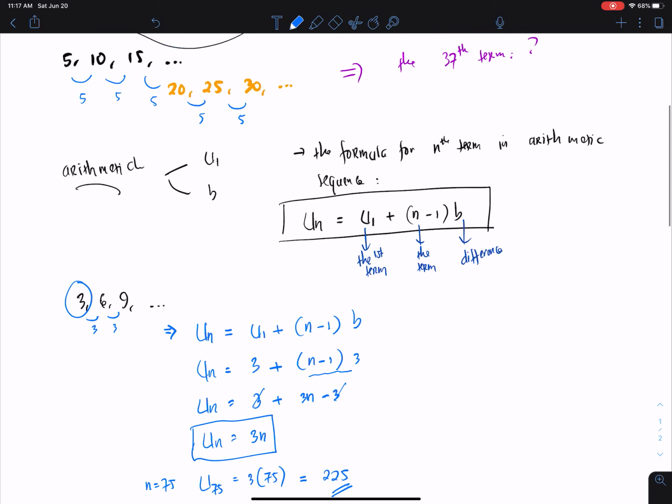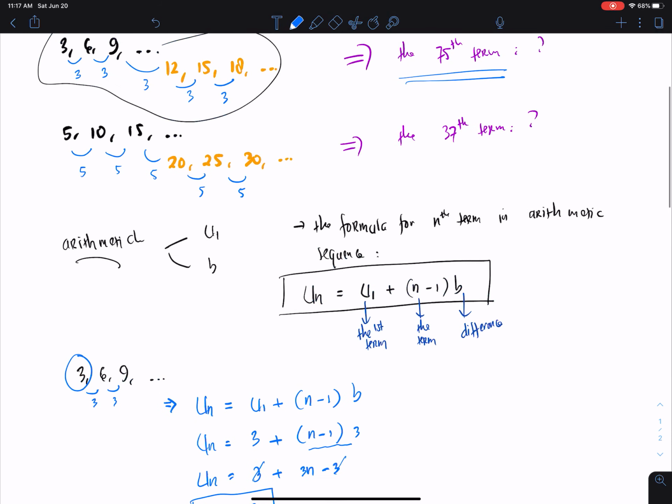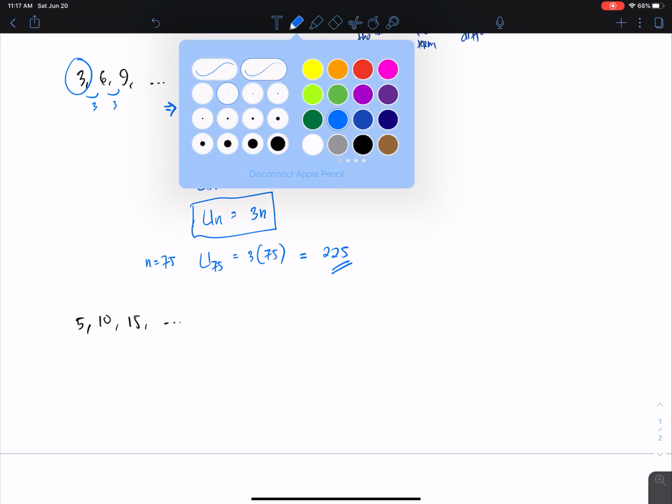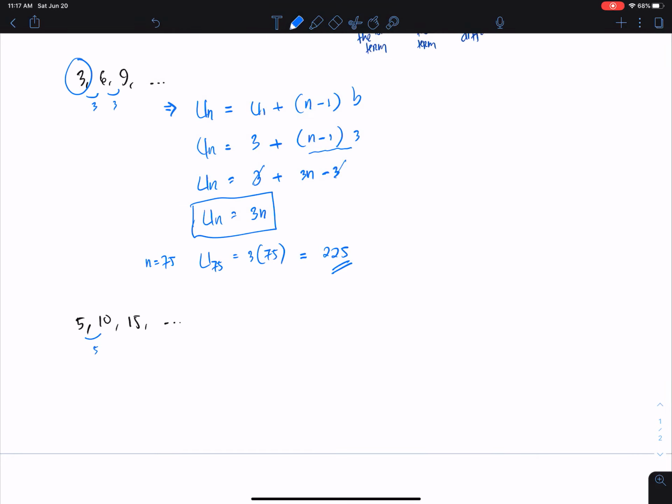Also the same one with the third example here. The sequence given is 5, 10, 15, and so on. Over here we can see the difference is 5, and 5 here is the first term.